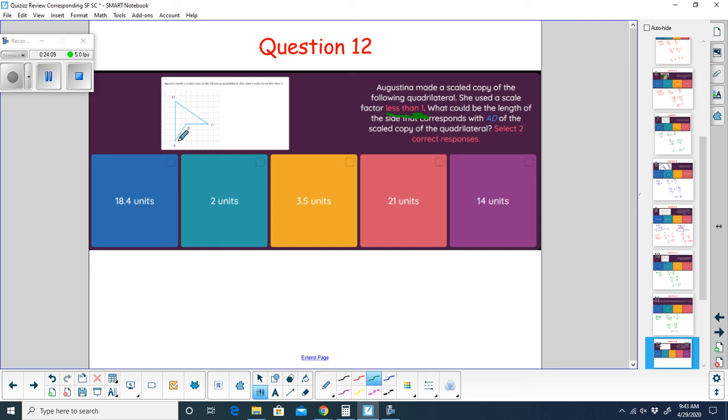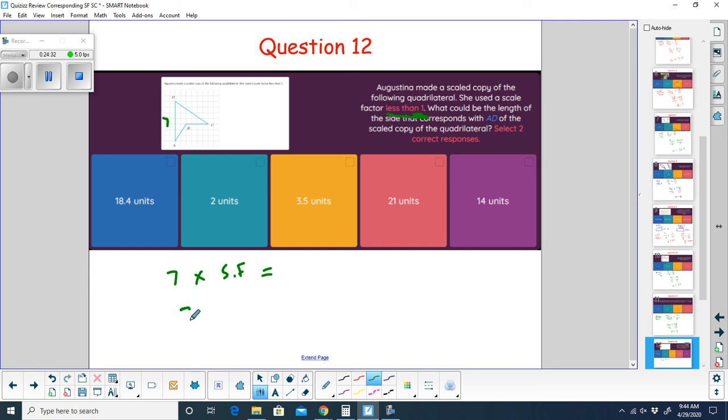It's kind of small here, but this side is 1, 2, 3, 4, 5, 6, 7 units in length, right? So this side is 7 units in length. Well, 7 times my scale factor is going to be the corresponding side elsewhere.